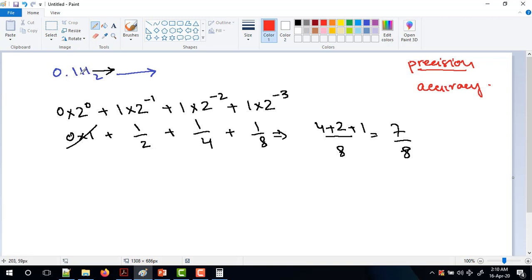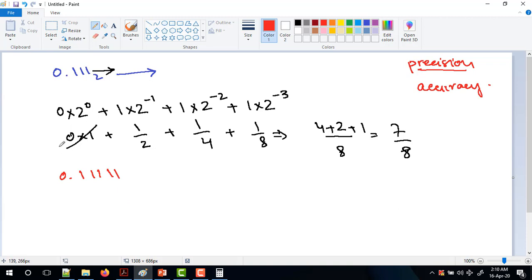So if we increase the precision, what will be the effect? Let's say that I get up to two more digits after this, let 0.111, and two more bits.